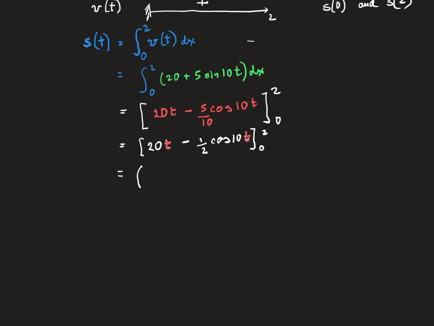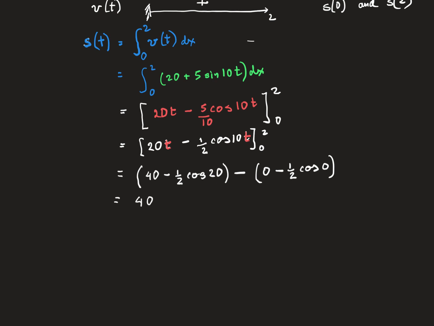Now we can just substitute the 2. 20 times 2 is 40 minus 1/2 cos of 10 times 2, which is 20. And take away the value at 0. So 0 times 20 is 0 minus 1/2 cos 0.